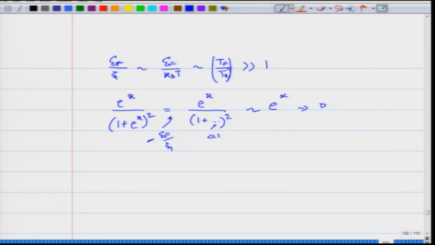So, already this number is very large, minus Ef by zeta, the lower limit of integration is already a very large number, and it is almost making the contribution from this integral. So, therefore, if you take x square into e raised to x by 1 plus e raised to x the whole square, this term goes to 0 as x tends to minus Ef by zeta, because Ef by kBT is of the order of Tf by T, which is much greater than 1.